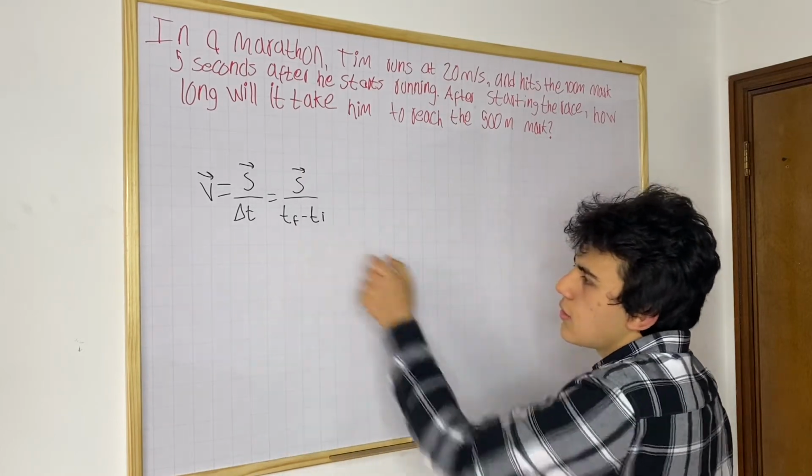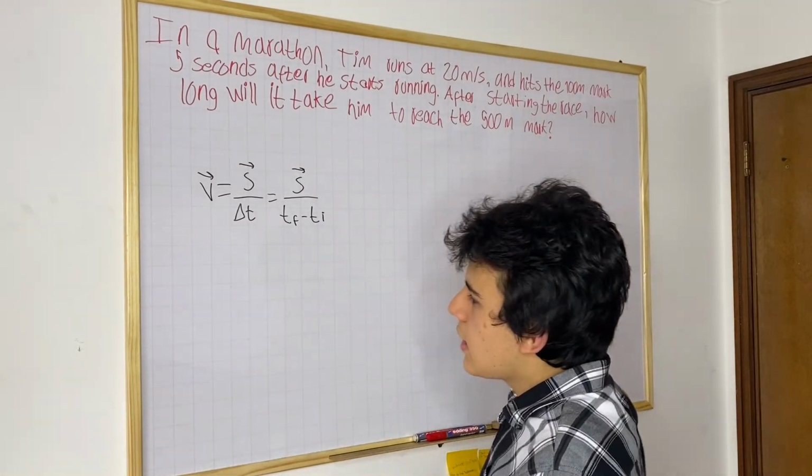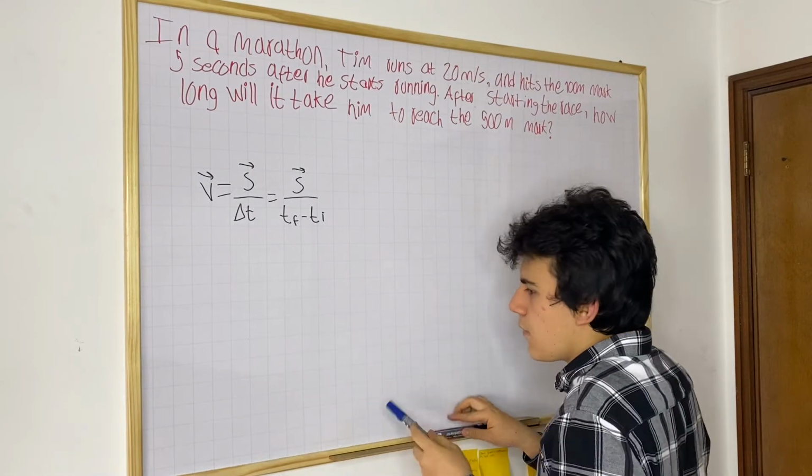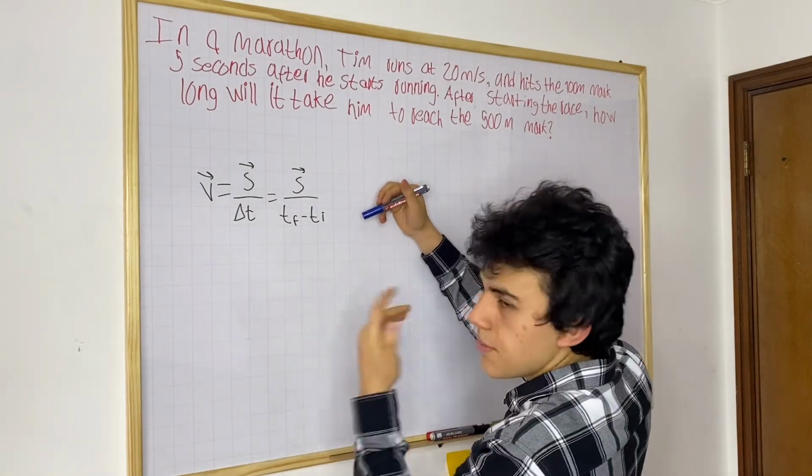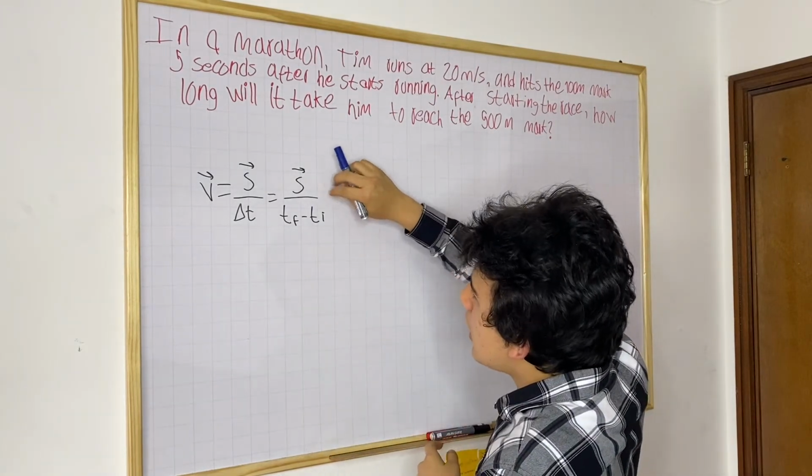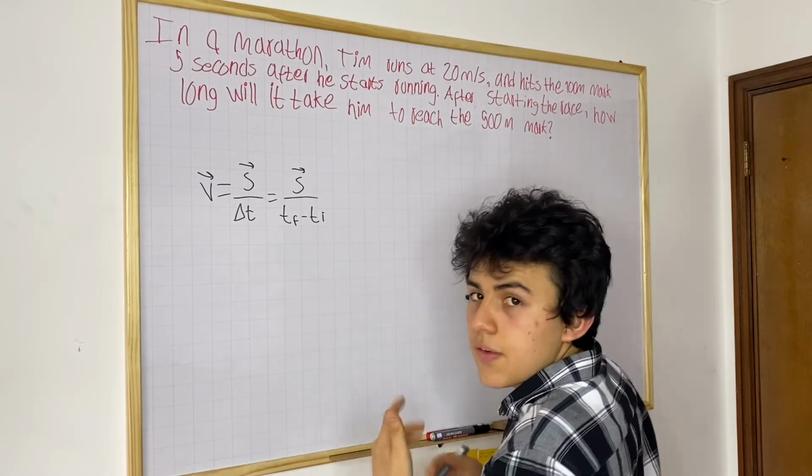Now, what are these two things? You could say that if you have some sort of displacement, there is a very strong relationship between displacement and initial and final times.